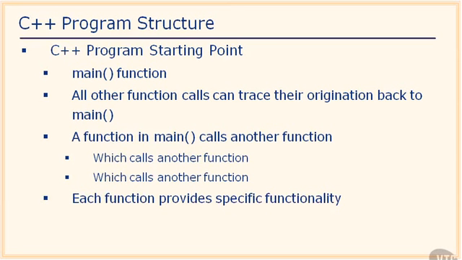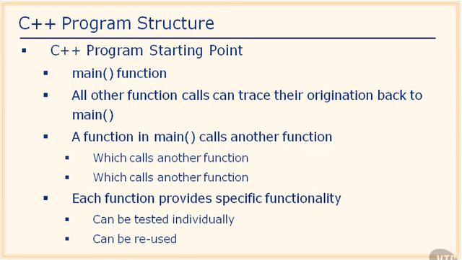So each function then provides its own specific functionality. Using the word function in various forms a lot here. But the bottom line is I can create these separate little sections of code, give them a name, it becomes a function, and then I can call that set of functionality anytime I want to. Now this is pretty cool, because each one of my individual functions can be tested individually, and they can also be reused.